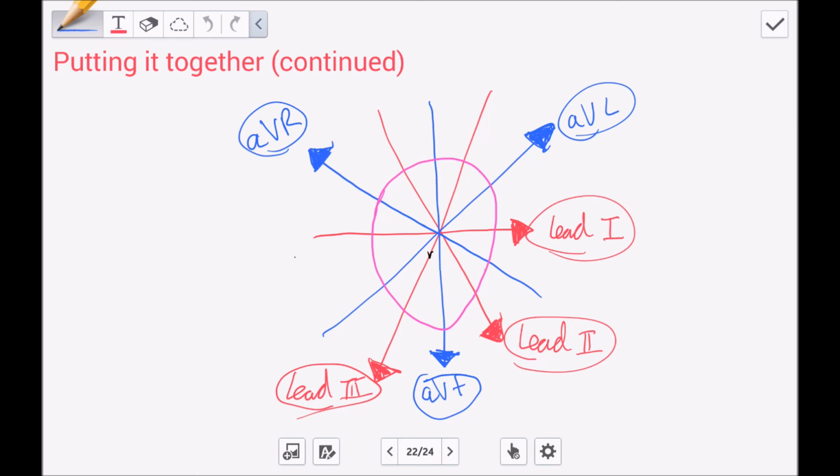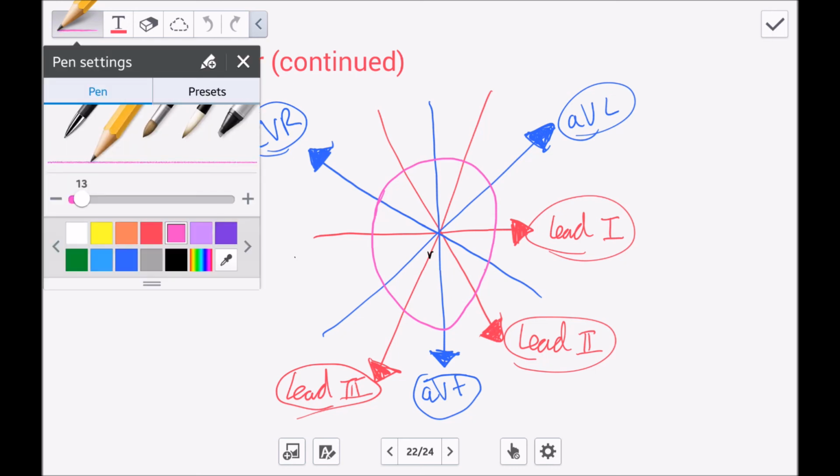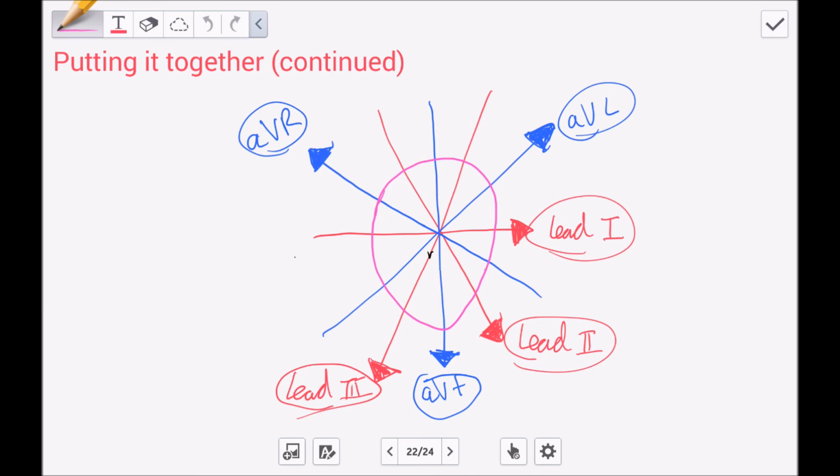So now let's look at this part a little bit closer and see what it all means. In the ECG, we have portions for 3 sections of the heart. Technically 4, but we're going to merge one of them together, okay? So what I'm going to do is I'm going to use pink, and we're going to put the inferior leads, okay? So we have L, and let's put it here.